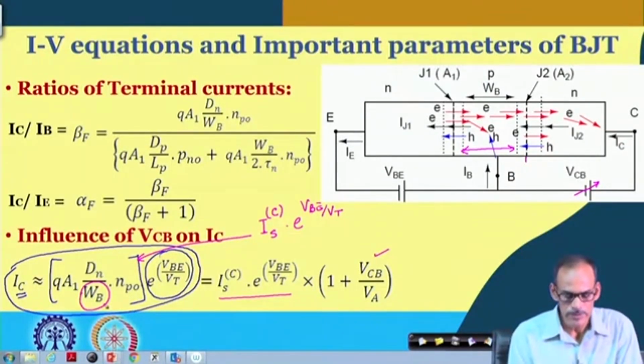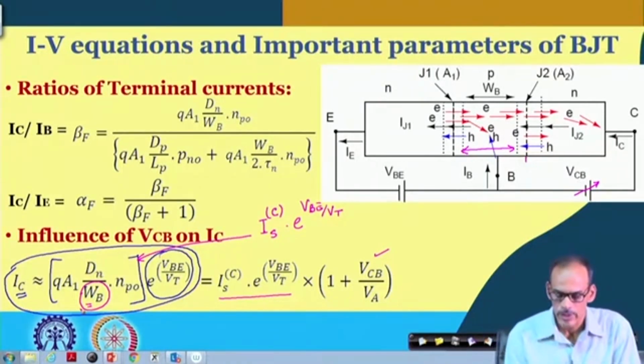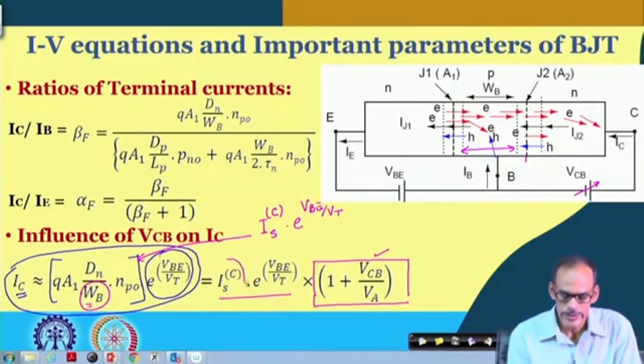So, typically instead of really modeling this W_B as a function of V_CB, since this dependency is very weak, it is modeled as a linear function of V_CB, and it is considered as an additional factor, and this part we do consider really constant.